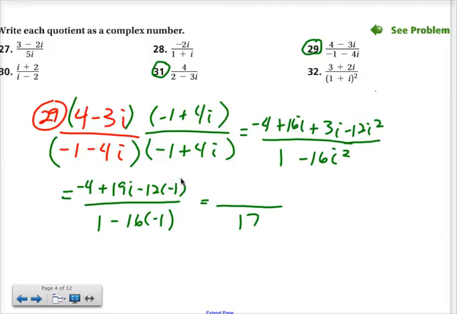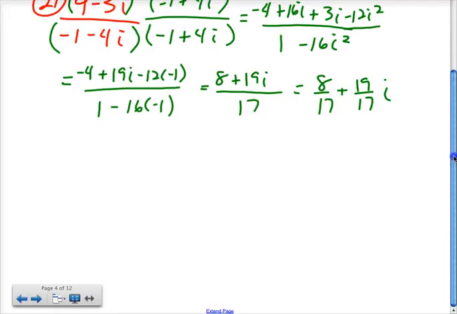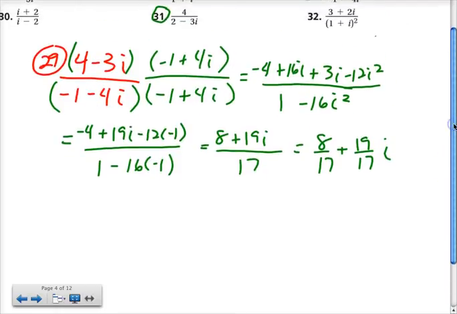So it's really going to be -4 plus 12, which would give us 8, and 8 plus 19i. And if they ask us to write this as a complex number in standard form, we would split it up and put the real part of 8/17 in front, and then 19/17 and an i in the back. So that would be a plus bi. And usually when you are to work with complex numbers, you are supposed to put them in standard form when you get done.